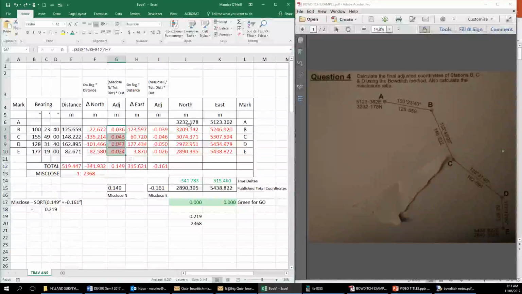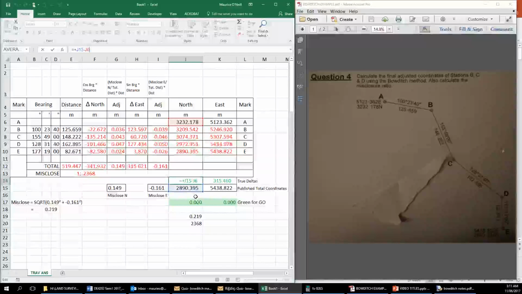Now, the difference north between A, which is known, and E, which is known, is this value here. So if I just click on here, you can see on the spreadsheet that it's J15, which is here, J15 minus J6.